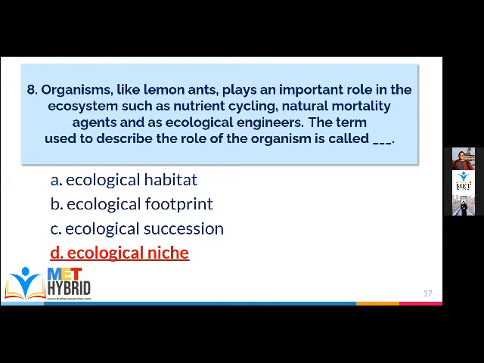So what do you mean by niche? Your niche is the role of your organism in its natural habitat. You have several roles. For instance, you have nutrient cycler, mortality agent, ecological engineers, or you can also see niche in the view of prey-predator relationship.